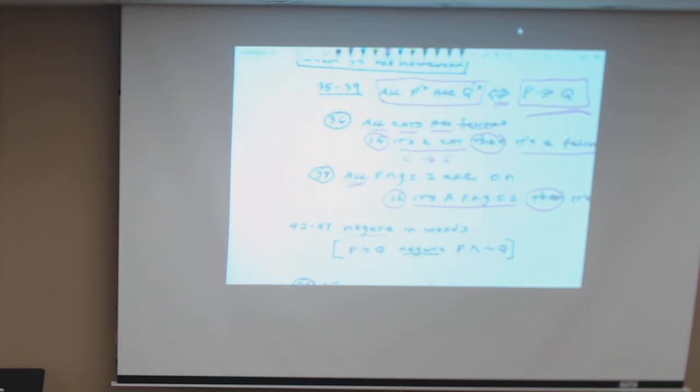You ready for this? Another thing for your notes? Or did you write that down earlier? To negate if P then Q, you write P and not Q. If it's raining, I'm carrying an umbrella. How do I negate that?